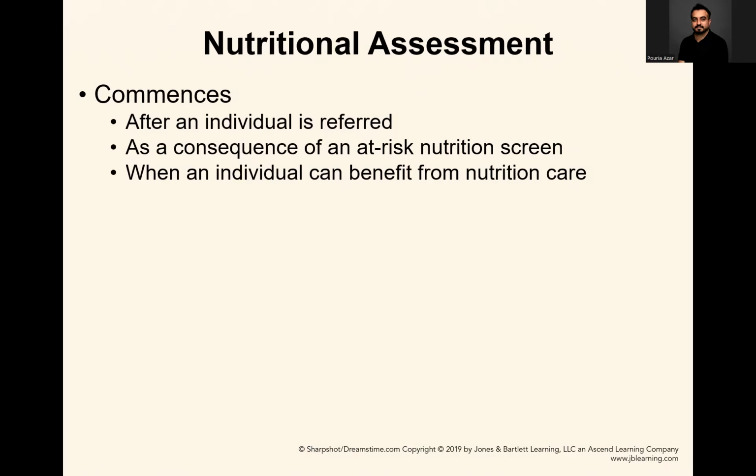And if they identify a problem, or they identify the patient is malnourished or is at risk for malnutrition, then they refer the patients to dietitians. And then we conduct nutritional assessment.